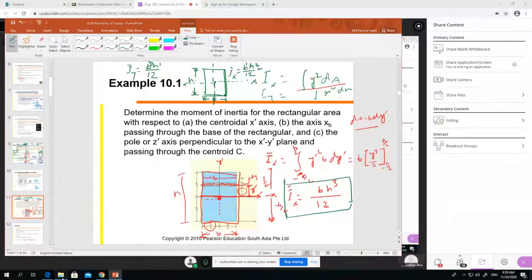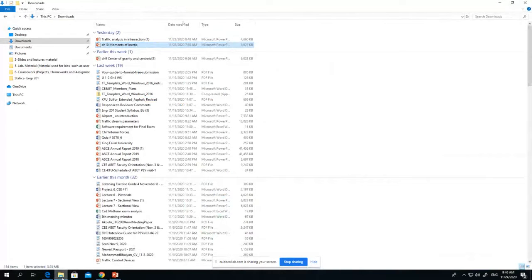Now I have given you one page of formulas. I have shown you on another day where it is.